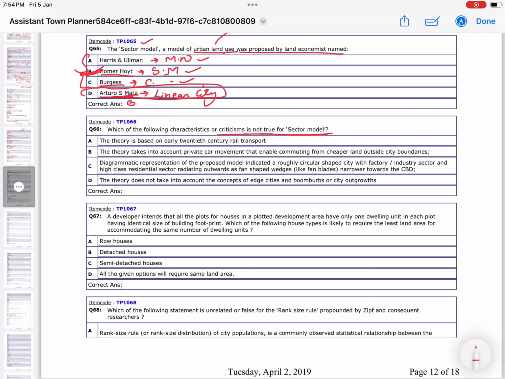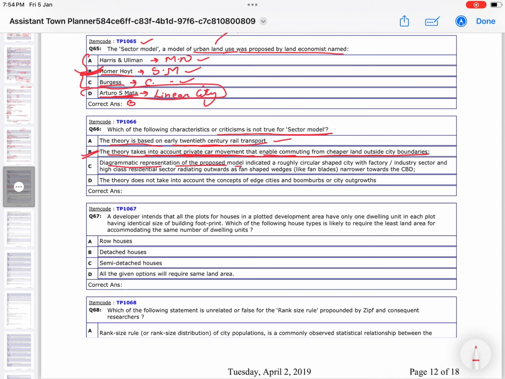The sector model theory is based on early 20th century rail transport. The theory takes into account private car movement that enables commuting from cheaper land outside the city boundary. No, I don't think so. It does not take account of car movement.